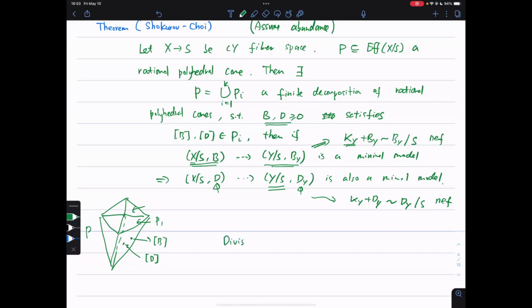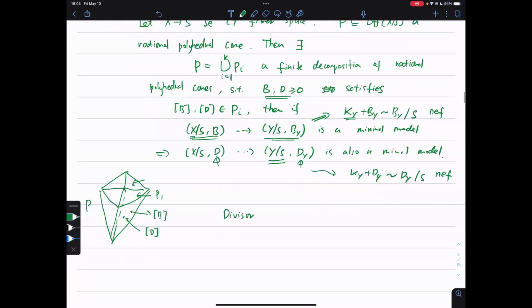The upshot is, divisors in the same polyhedral cone P_i share the same minimal model.